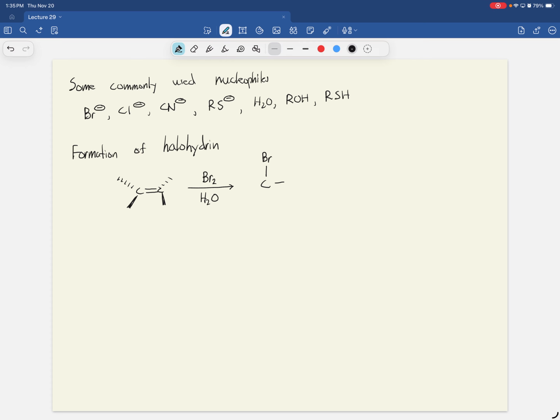So the problem with this reaction is that you get competition. So it's not fully just the halohydrin forming. You actually get competition from the dibromo. So this is a halohydrin, has a halogen and an alcohol, racemic.